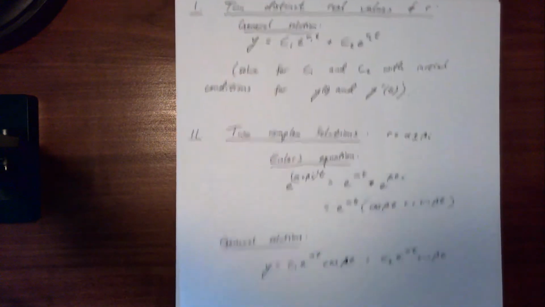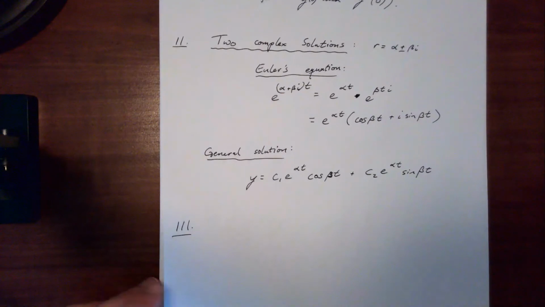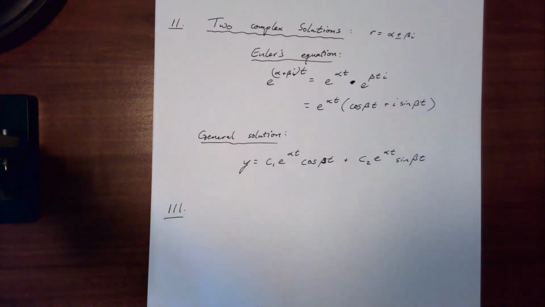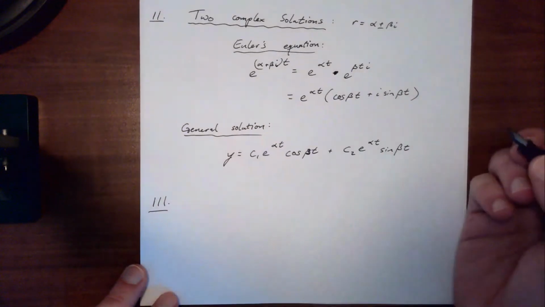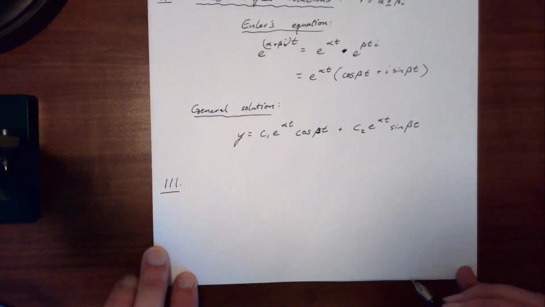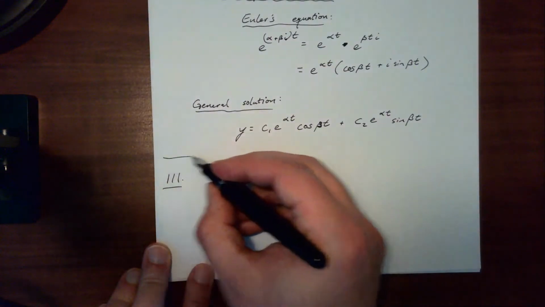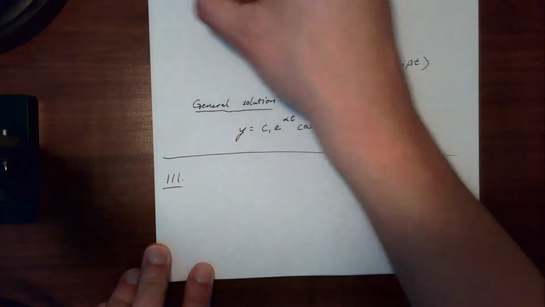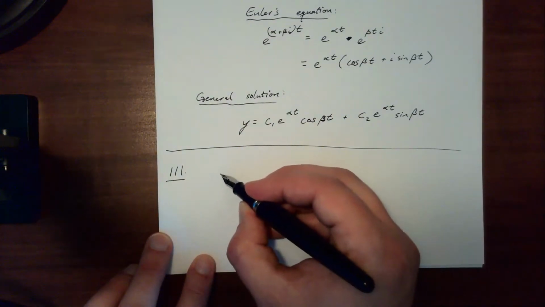Case 2, we had two complex solutions, and this is just going to be broken down according to typical Euler shenanigans, and we have produced two terms very similar in spirit to what we've done with the eigenvalue situation. And in case 3, this is the case of a single repeated solution.